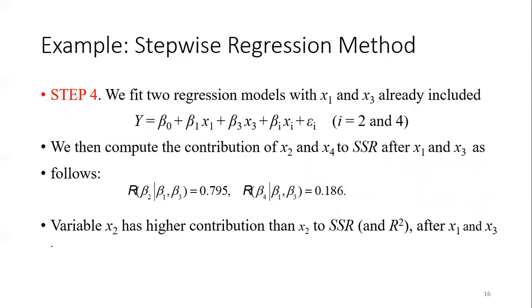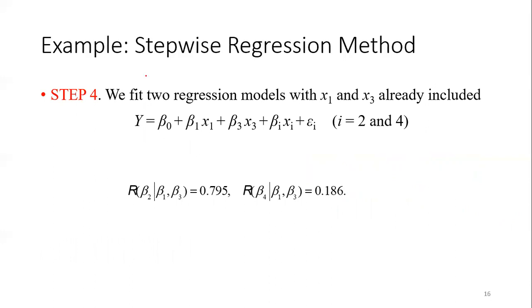Now the next step. Let me write it here. I have beta 1x1, beta 3x3. So I now have two models to check: beta 0 plus beta 1x1 plus beta 3x3 plus beta 2x2, versus y equal to beta 0 plus beta 1x1 plus beta 3x3 plus beta 4x4.